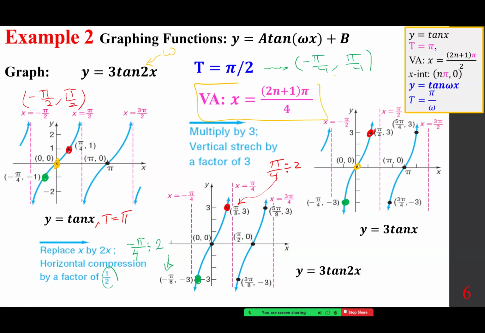We have vertical asymptotes, and we have the x-intercepts n times pi over 2, 0. So you choose n being 1 is pi over 2, being 2 is pi, and so on and so forth.